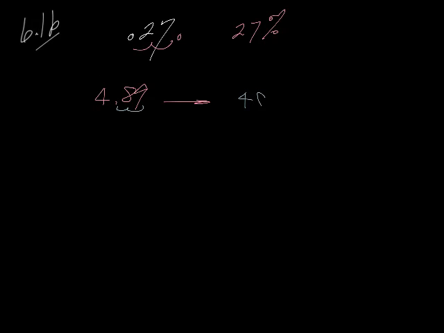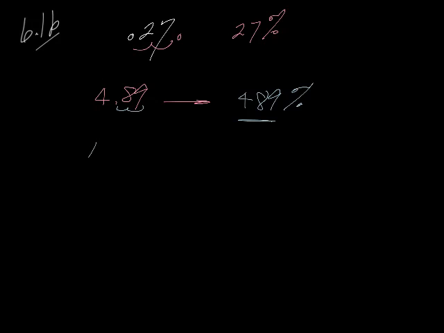So I have 489%. That number is a lot bigger than 100. But again, we're comparing it to 100. It's not necessarily out of 100. So 489% means that compared to 100, we have 489. So that's a lot more than 100.